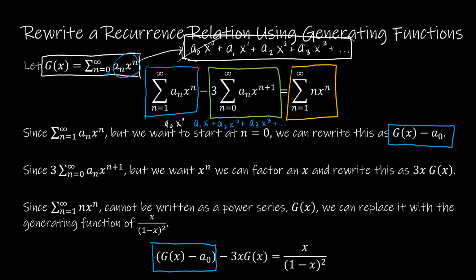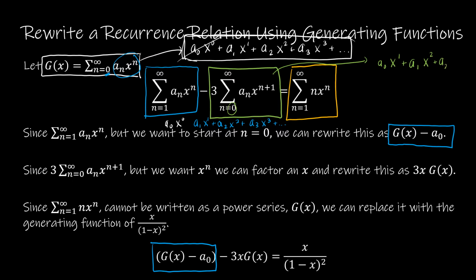Now let's look at what I have in green. What I have in green is obviously I have the negative 3 out front, and I have it starting at 0, which is great, but what I have is a sub n and then x to the n plus 1. So again, if I were writing out the series, keeping the 3 out of it, of course, I would have a sub 0 x to the 0 plus 1. And then I would have a sub 1 x to the 1 plus 1, which is 2.